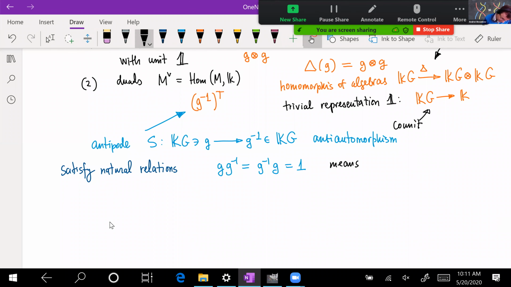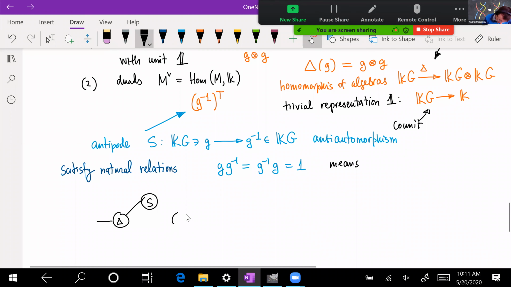If I represent the coproduct by a fork that goes from 1 to 2, the coproduct takes one argument and outputs 2, and then I can put the antipode on either.